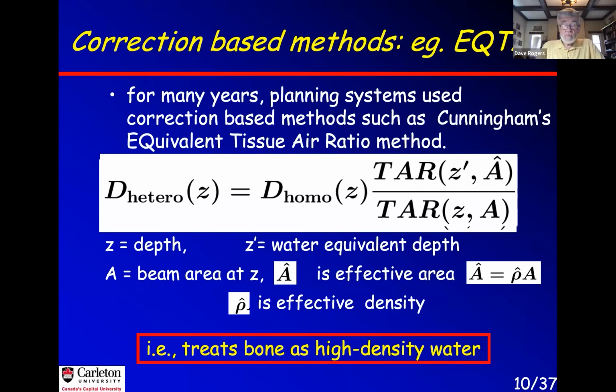And the only reason I put these equations up is just to make the point that we're treating the bone as high density water. Basically it is just saying that it's water. Now it does take into account the overall effect of the effective width of the beam, and the effective depth as well. But it is indeed calculating a dose to water.